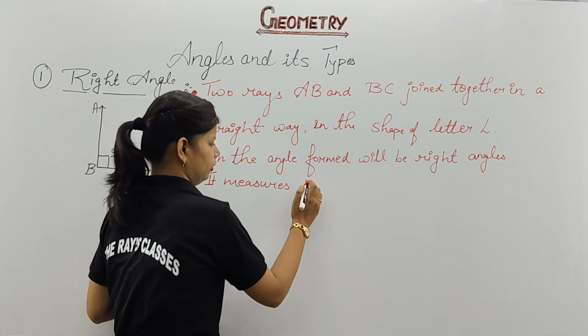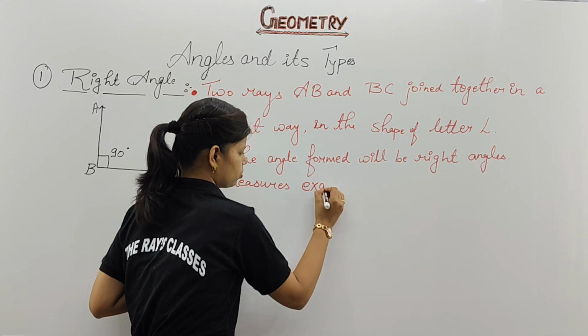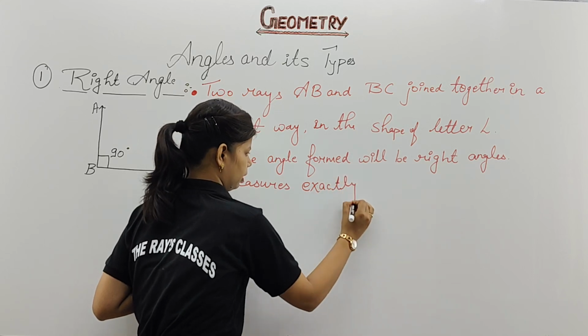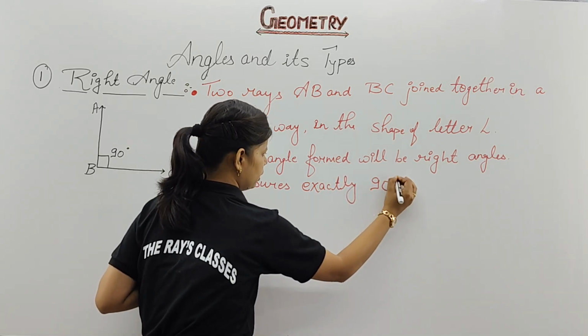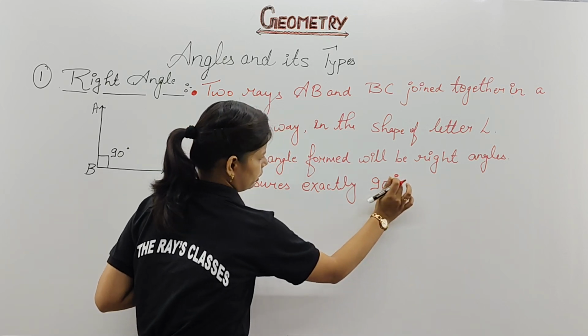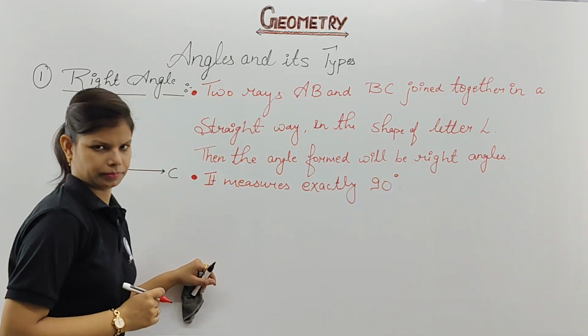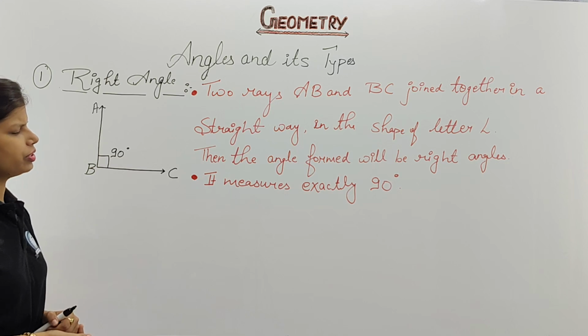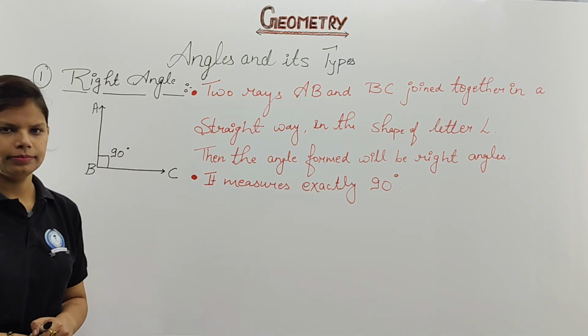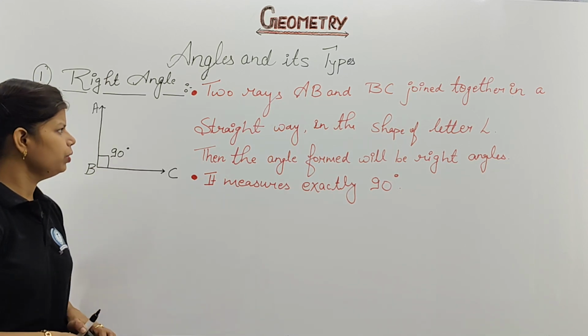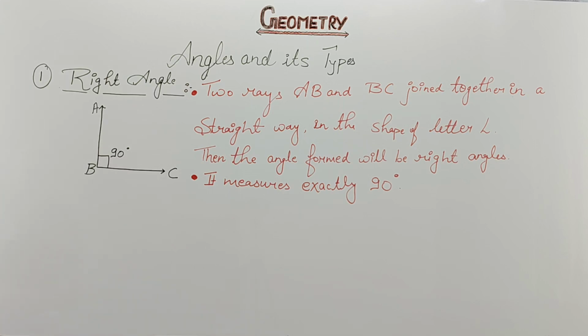Exactly 90. Okay, no? So if somebody asks you the question, angle with exactly 90 degree, this is the symbol of degree. Short symbol of yours which is called your degree. Clear? Understood?